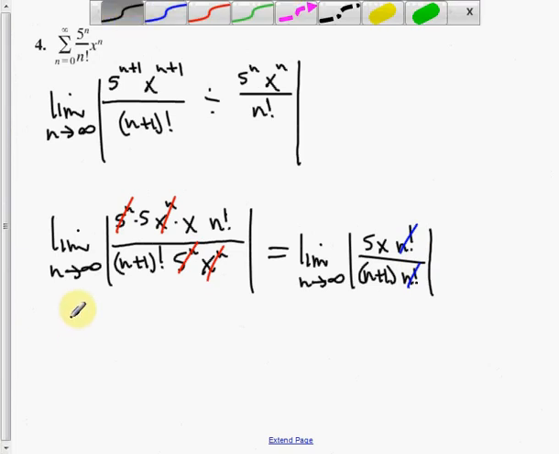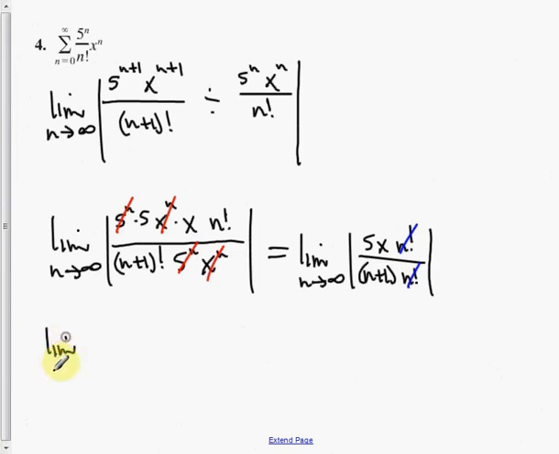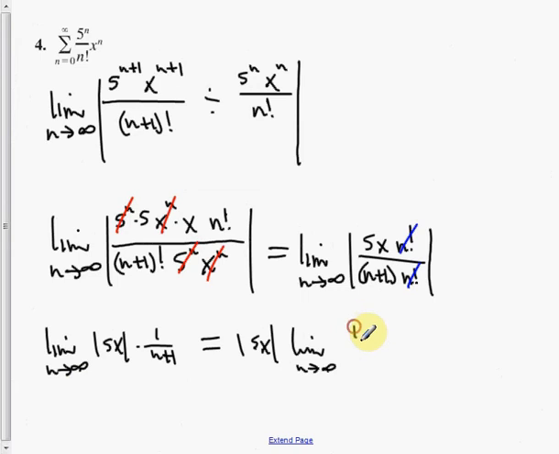So I have left the limit as n goes to infinity of the absolute value of 5x times 1 over n plus 1. The limit of this constant is a constant, times the limit as n goes to infinity of 1 over n plus 1.